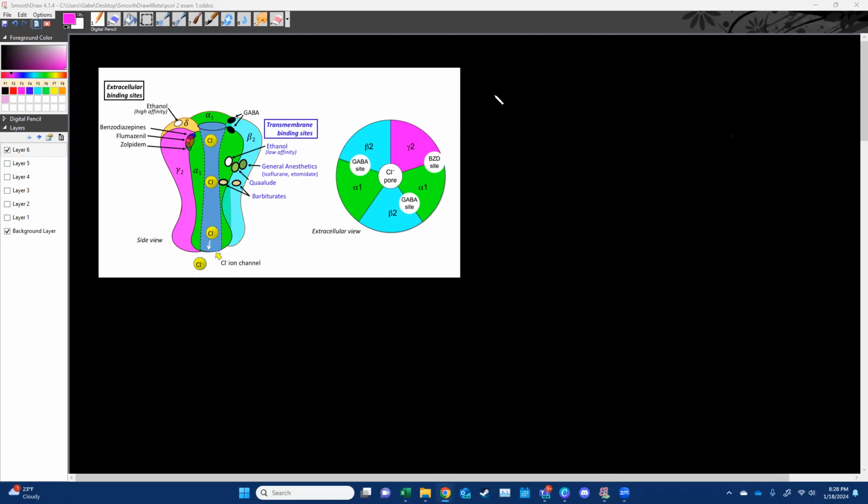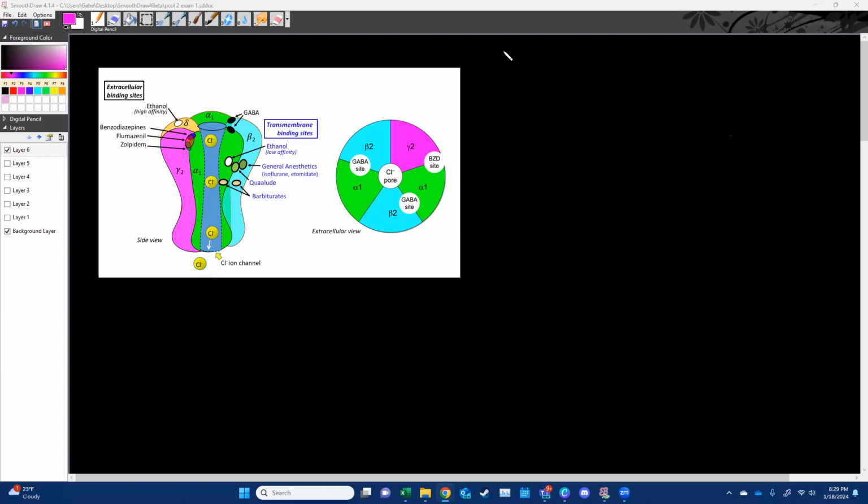All right. When we talk about the sedative, hypnotic, anxiolytics, what we're talking about here is GABA, specifically the GABA A receptor. The GABA A receptor is heavily implicated in reducing CNS activity, which leads to things like sedation, hypnosis, and coma. Couple of things to know.